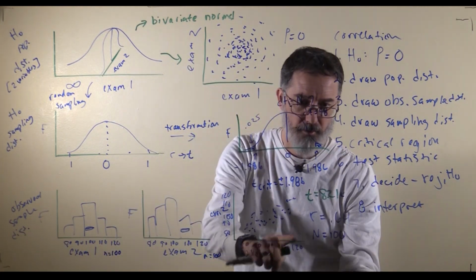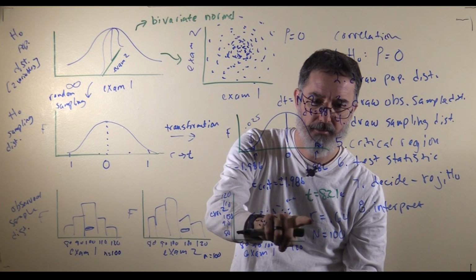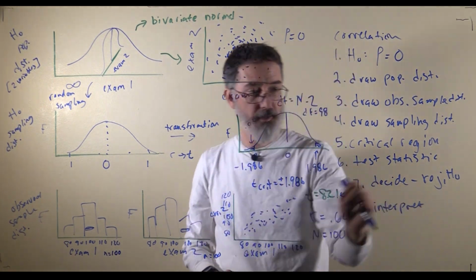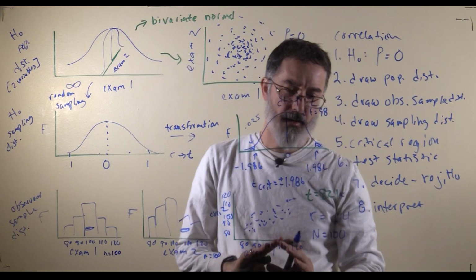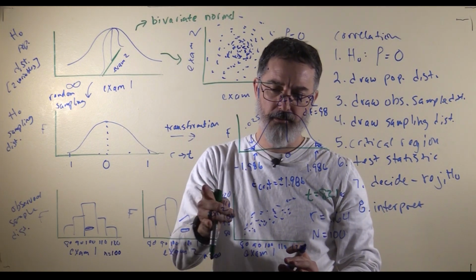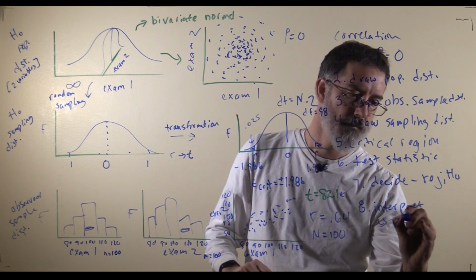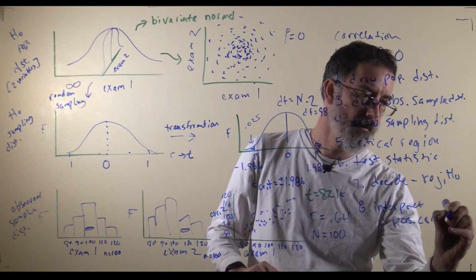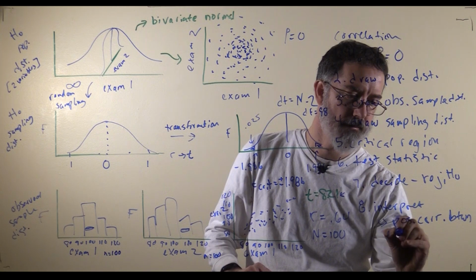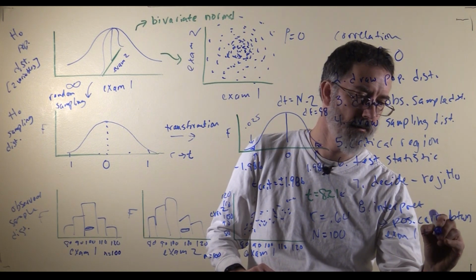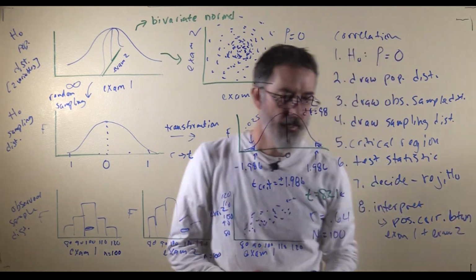Well, what we do is we look at our sample and see it's a positive correlation, so our interpretation is going to be that exam 1 scores and exam 2 scores are positively correlated. Positive correlation between exam 1 and exam 2.